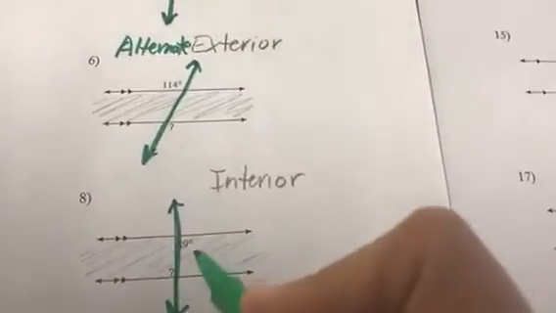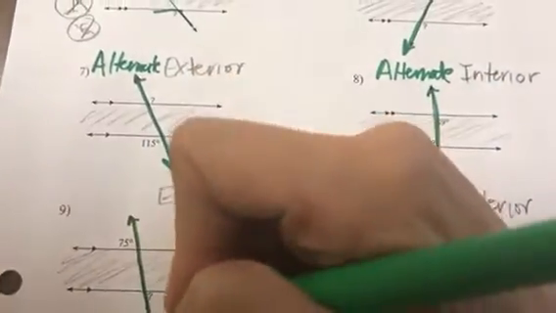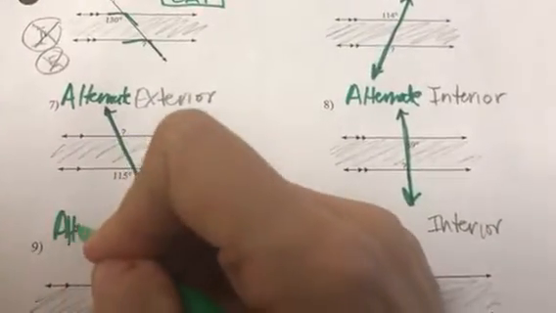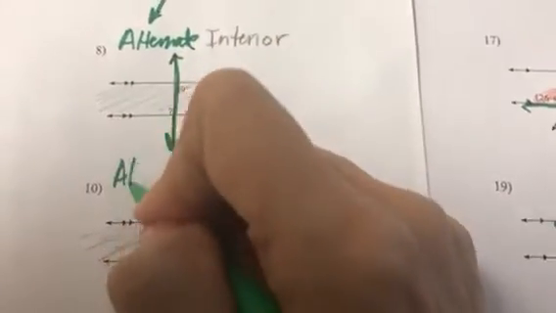One angle is on the left, one angle is on the right. Trace the line. One's on the left, one's on the right. That's alternate.